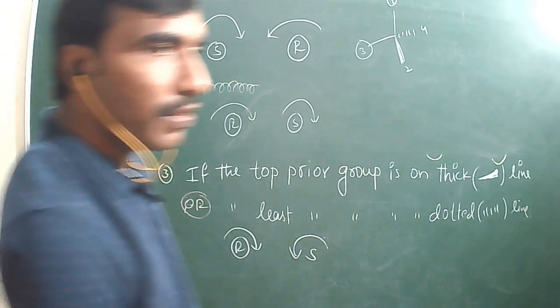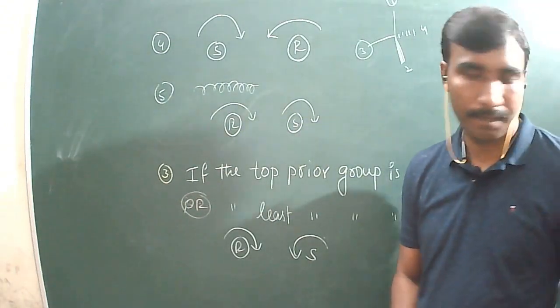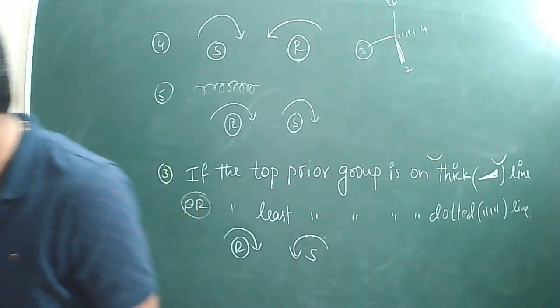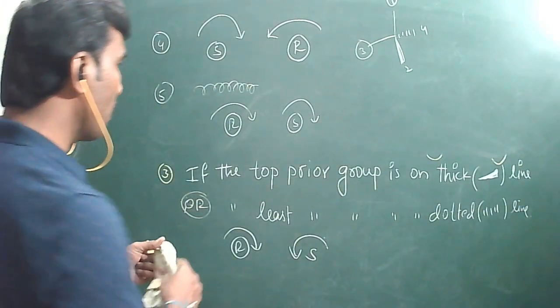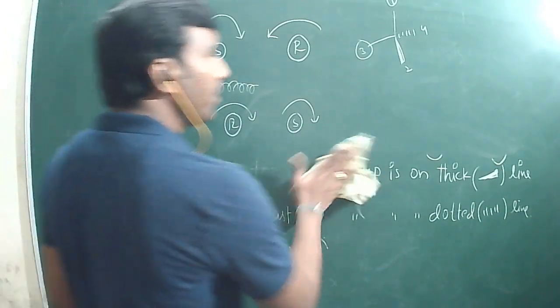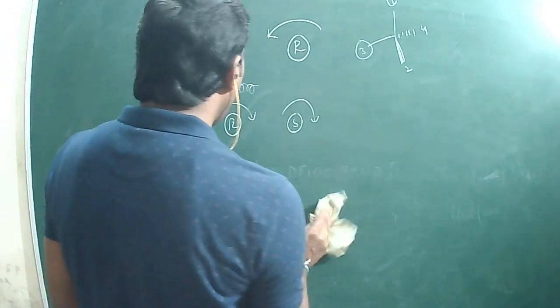Now shall I give some questions to assign them with the RS nomenclature? If top priority group and least priority group are present on the dotted line, clockwise R and anti-clockwise S.